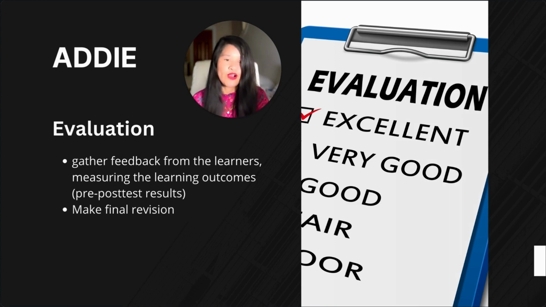If from the analysis we see that a question is a bad item, or one of the distractors is not plausible, that needs revision. So we'll do that after the pilot testing. And then after making all the final revisions, we will release the e-learning module and open it up to the actual learners that will be taking the course.